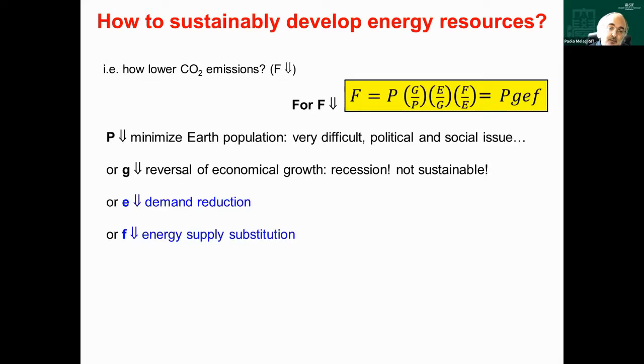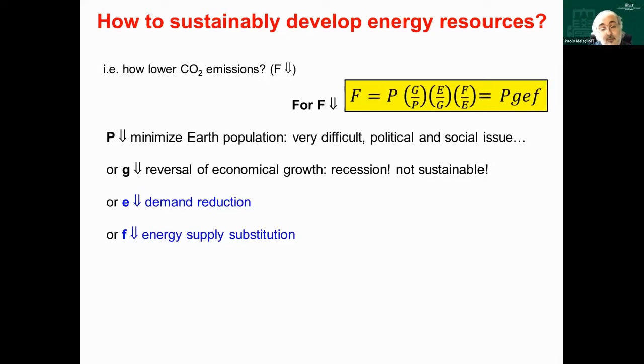So we cannot discuss this in this workshop, but it's a big problem. Make G small means reverse of economical growth or recession, which is not sustainable. We have to reduce E or F, small f, which means reduction of demand and or reduction of energy supply.